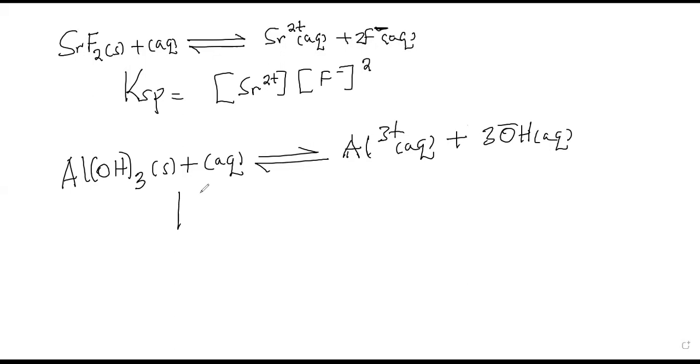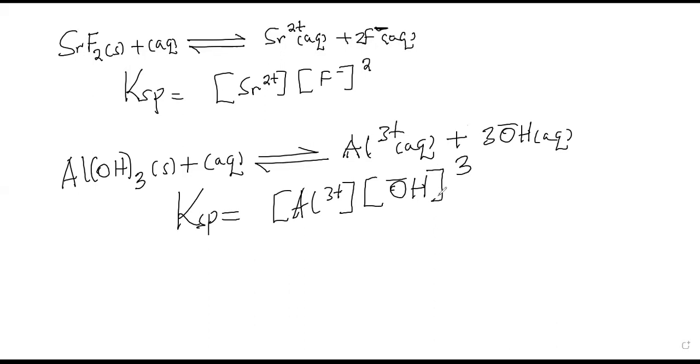So your KSP expression is the concentration of aluminum ion times the concentration of hydroxide ion, but raised to the power 3.